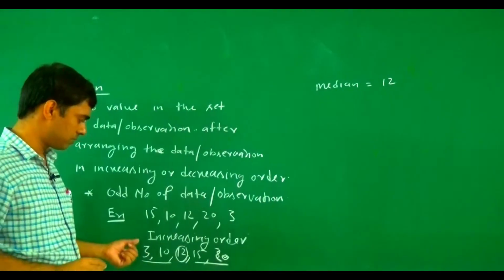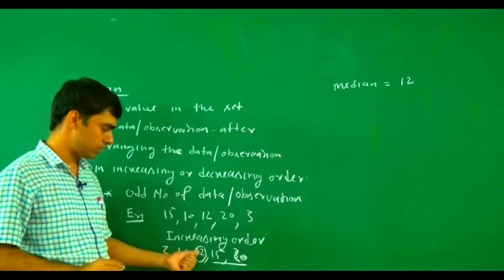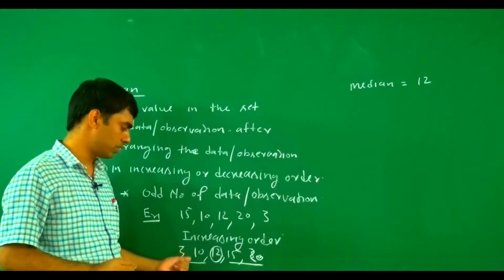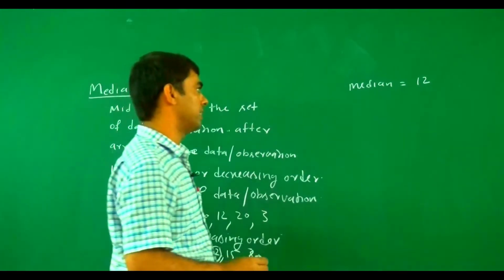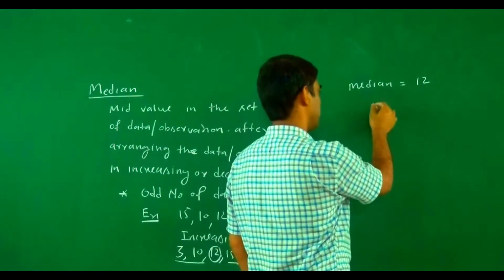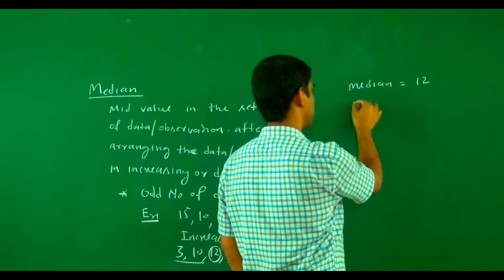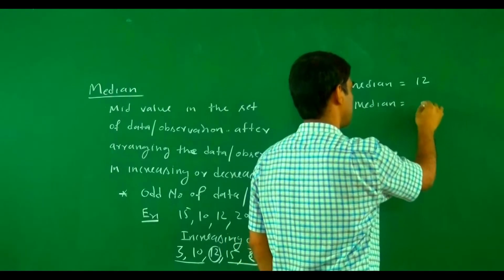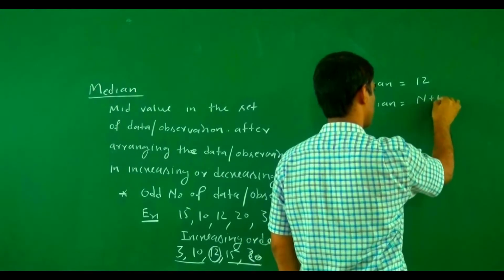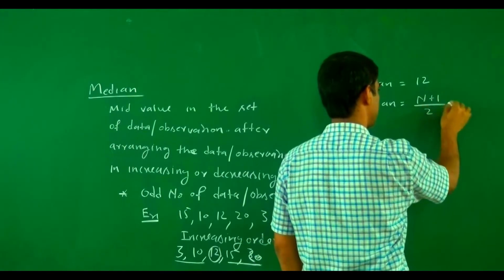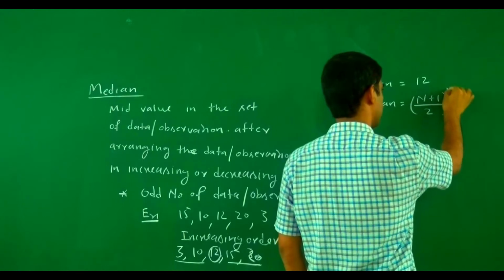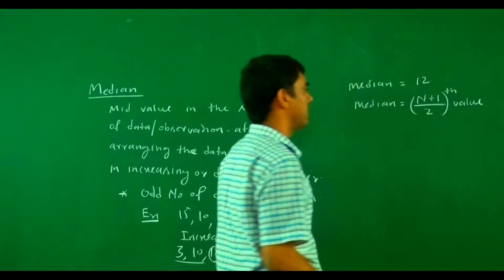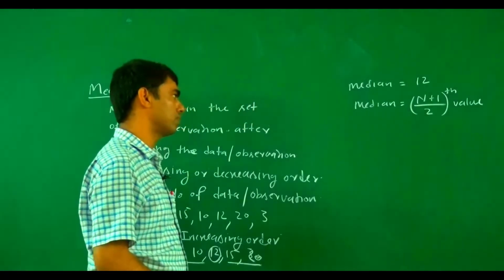So how do we find this? If we closely observe, suppose there are 1, 2, 3, 4, 5 data. Then 5 plus 1 divided by 2 gives the median. If we generalize this, median equals the (n plus 1) by 2th value.